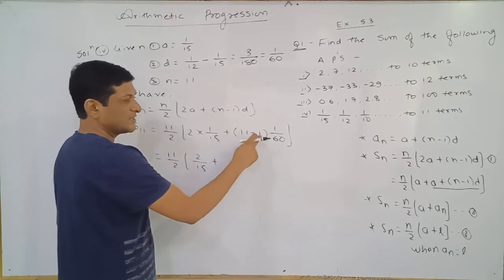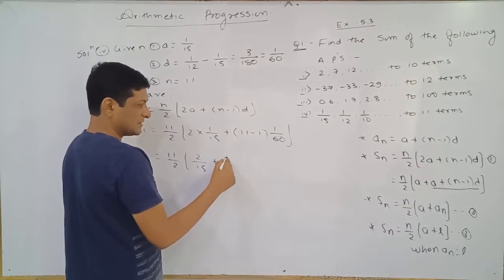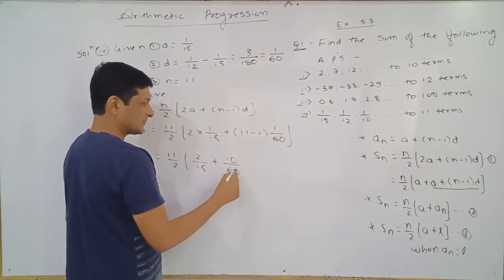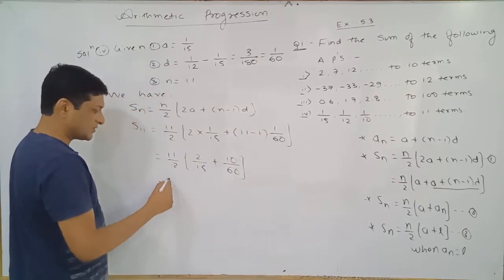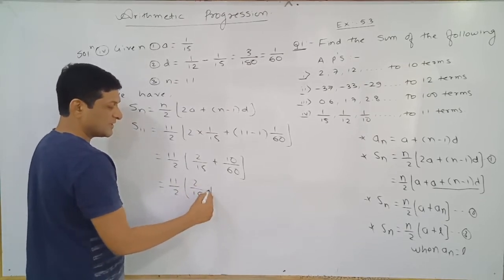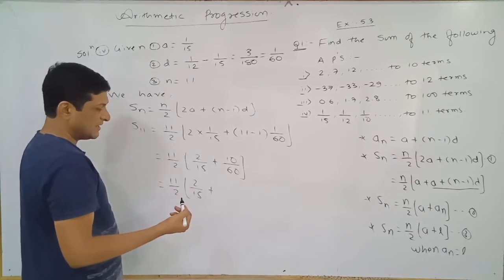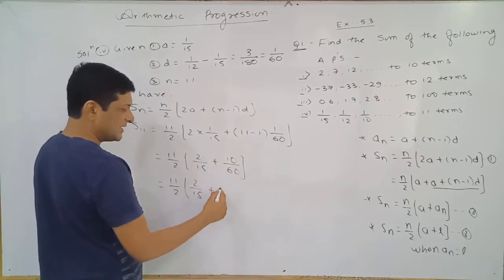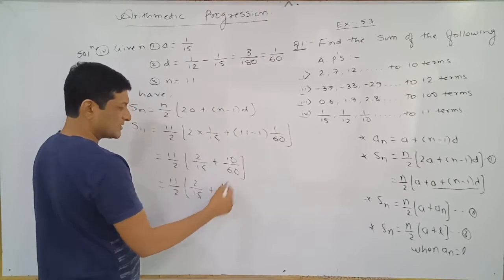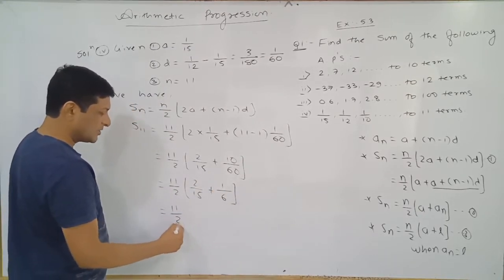Plus 11 minus 1 is 10. 10 into 1 is 10 by 60. So 11 by 2, keep it as it is, 2 by 15 also as it is. Check whether both the numbers are divisible by 10. If we divide the numerator and denominator by 10, see what we get here: 1 upon 6. So it is equal to 12 upon 2, keep it as it is.